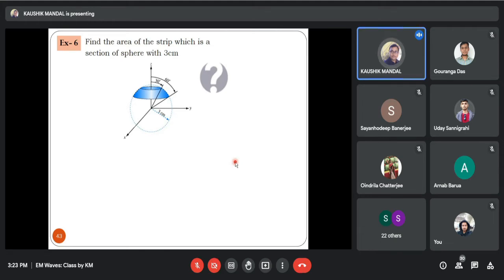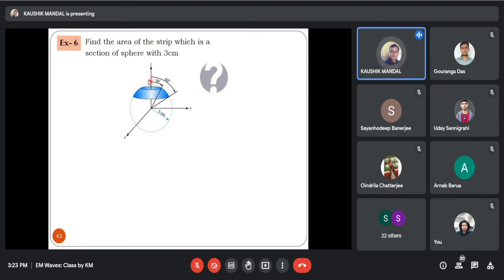Try to realize this particular problem. You have to find out the area of this particular strip that is marked with blue color. This is a section of a sphere, and its radius is 3 centimeters. So you need to find out the area of this strip.